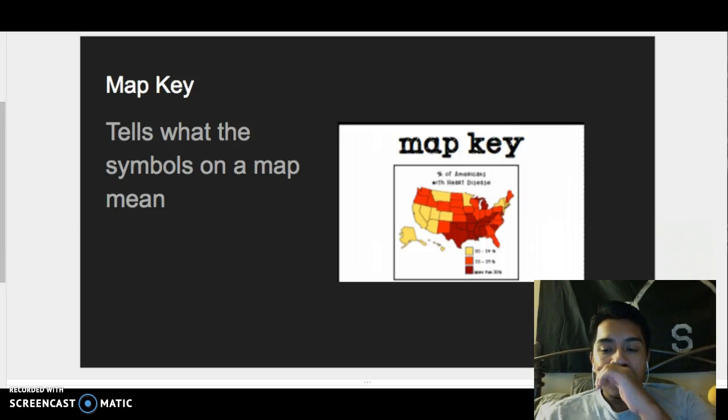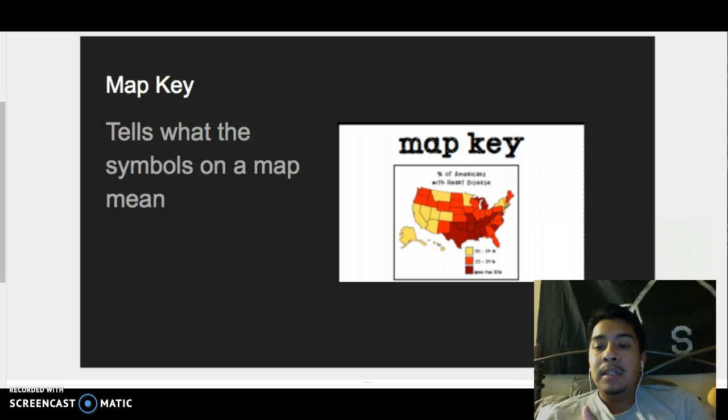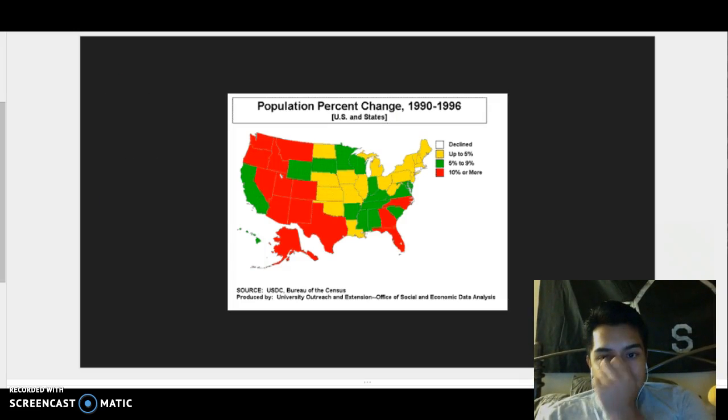All right, now let's move on into the parts of the map. The first one is a map key, and what a map key tells you is what the symbols on a map mean. If we look back here at this map, you will see that this is the map key right here because it's telling you what the colors represent.